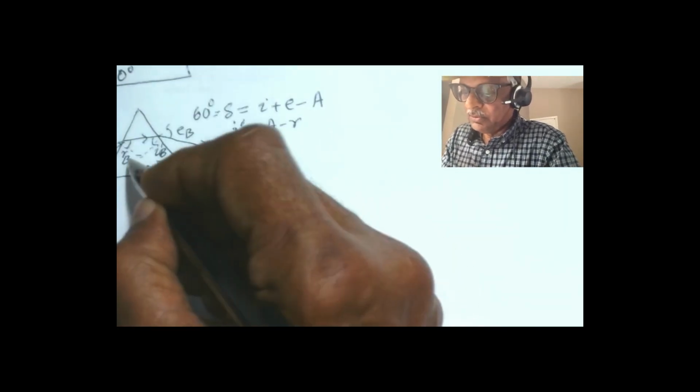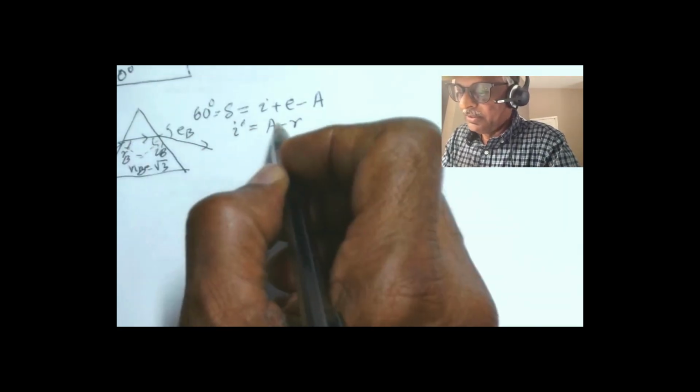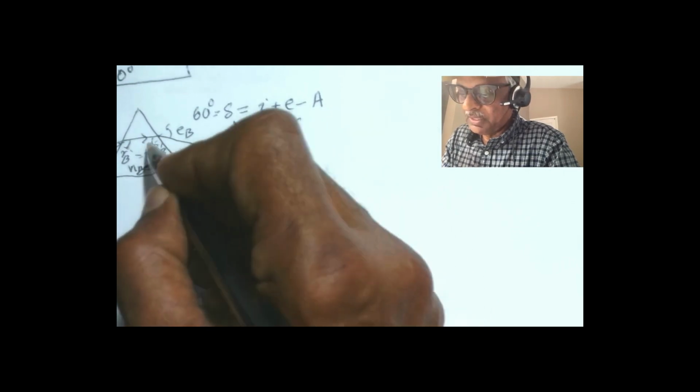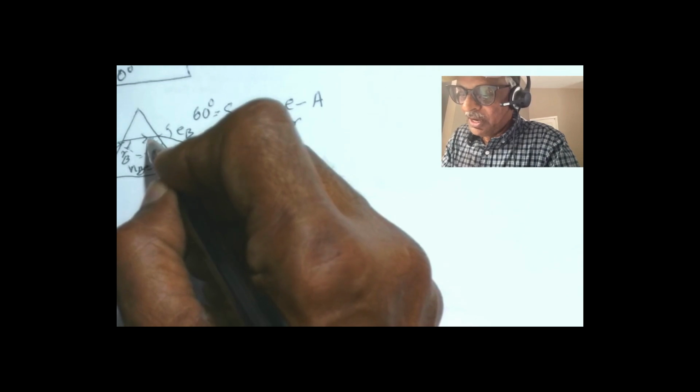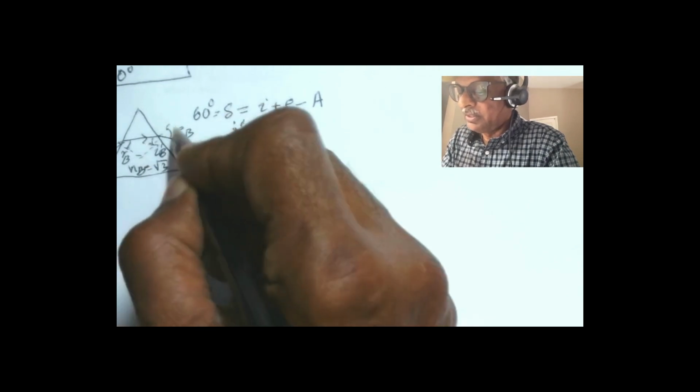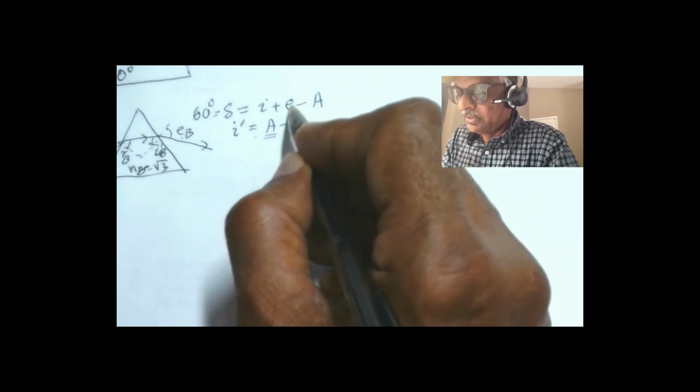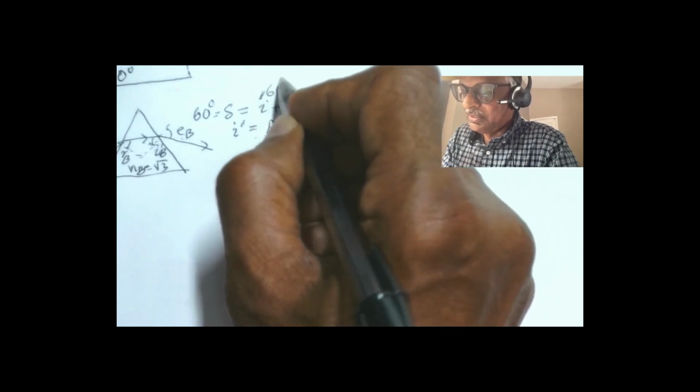Using this angle we can get RB, and then using this formula we can get I prime, and A is known, and then I can write down EB, and this I equals 60 degrees.